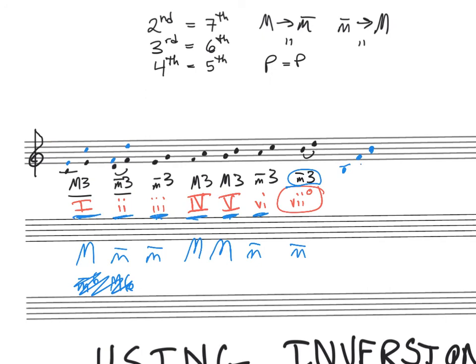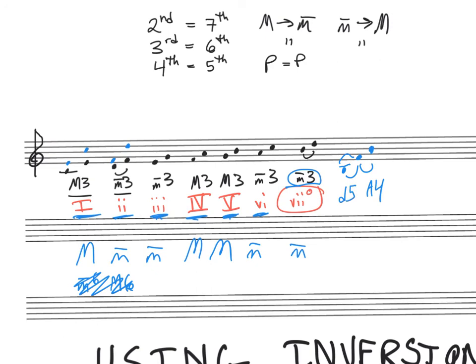So unless the 2 notes are F and B, you know that any fourth you see is perfect, as long as we're talking about natural intervals. If the 2 notes are F and B and they are a fourth apart, then they are an augmented fourth. And if the 2 notes are F and B and they are a fifth apart, like these two, there you go, B up to F, then that is a diminished fifth.